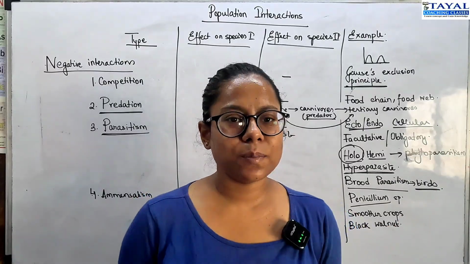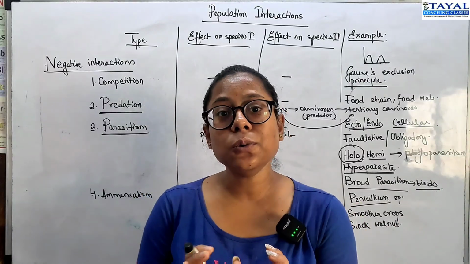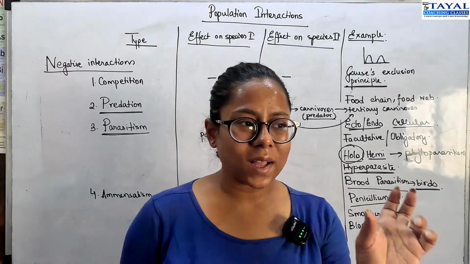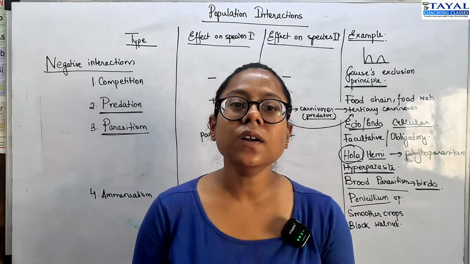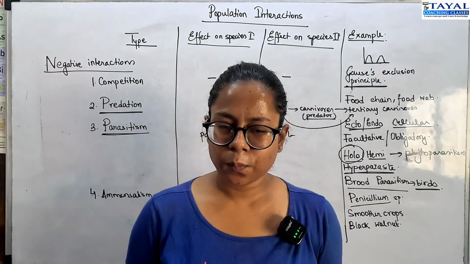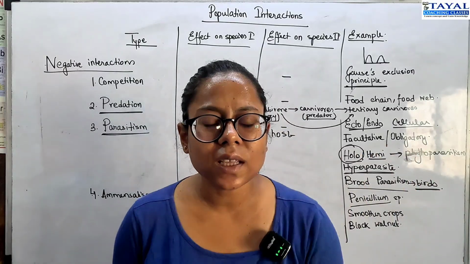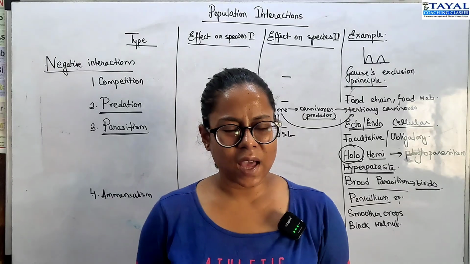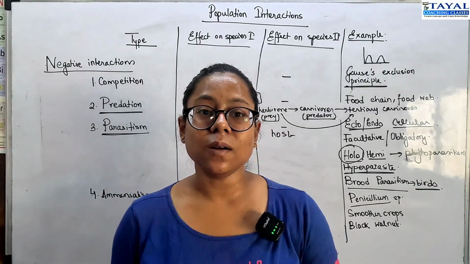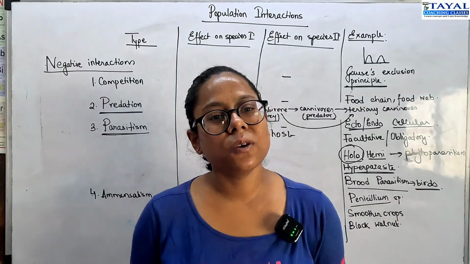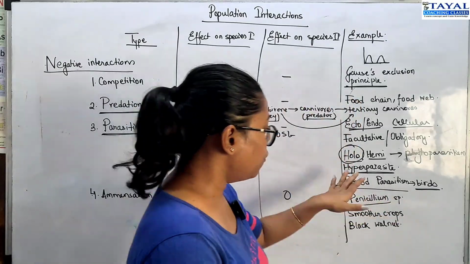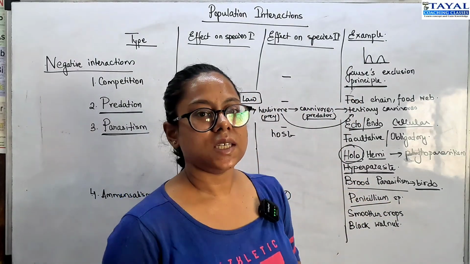What basically happens in this case is that because they look so similar, one species evades the task of parental upbringing. Taking care of the egg, feeding the hatchlings, all of that is done by a completely different species without even realizing. That is brood parasitism. Okay, a very important question when it comes to NEET.